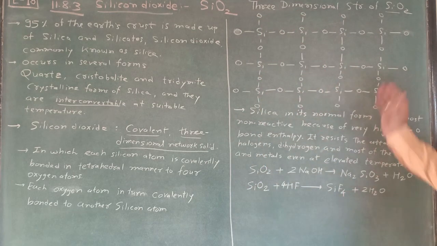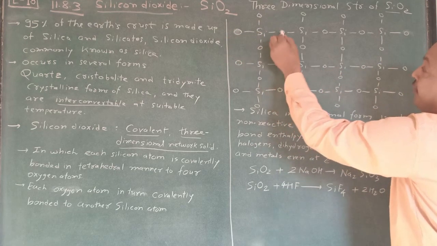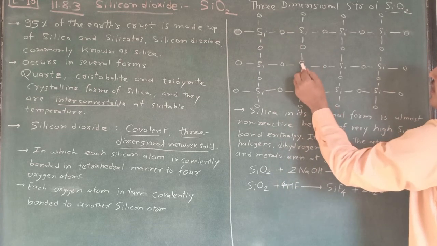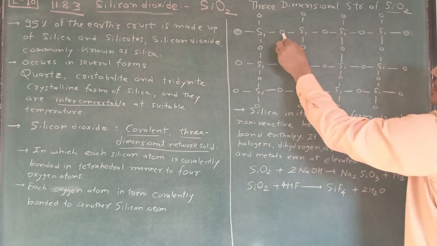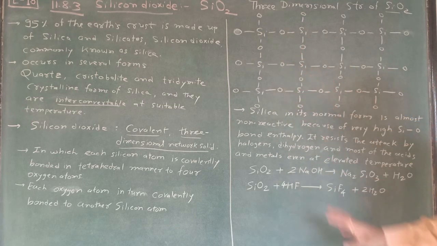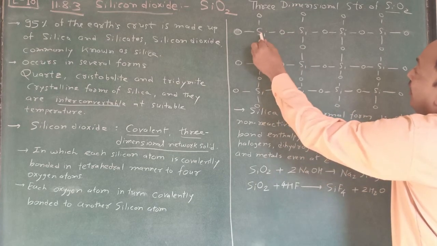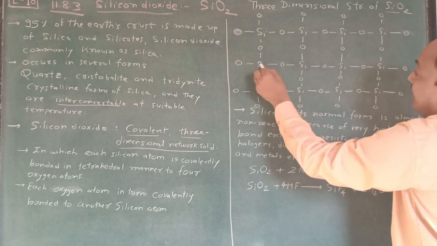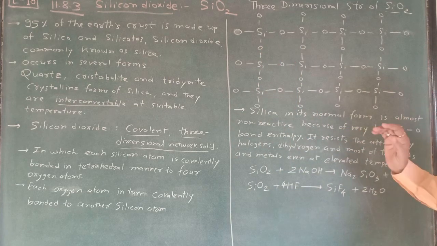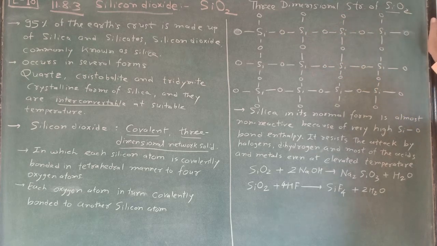Here this silicon is attached with these 4 oxygens, and this oxygen is attached with 2 silicons. If we draw this square, here 1, 2, 3, 4, 5, 6, 7, 8, so 8 elements of silicon and oxygen take part. So this is a three-dimensional figure.